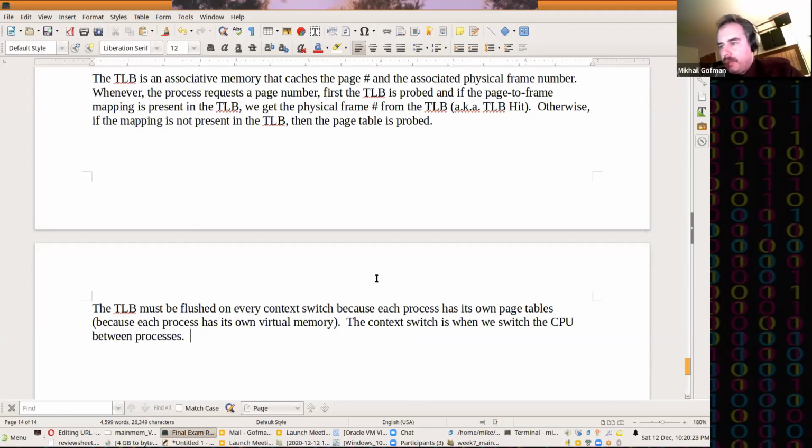So the TLB must be flushed because each process has its own page table, and the TLB caches entries from the page table, okay? The context switch is when we switch the CPU between processes.